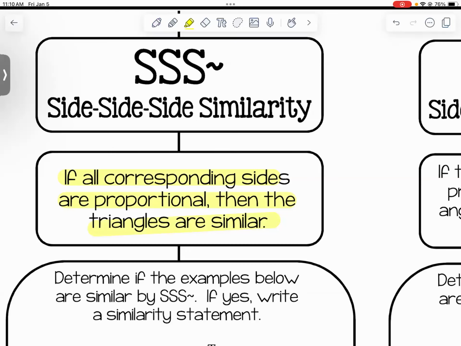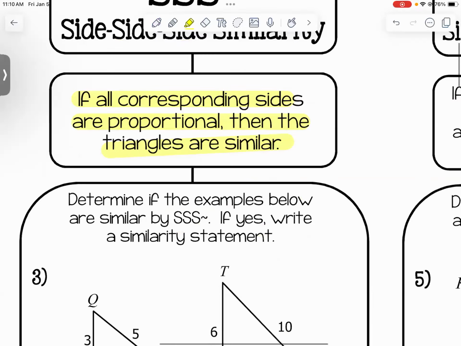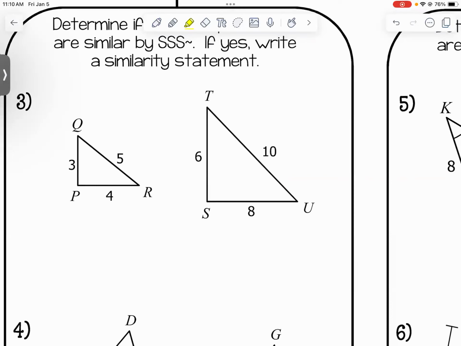So take these 2 triangles right here, for example. How would I know which ones to match up? These 2 are oriented the same, so that's wonderful. But how would I know what to match up with?